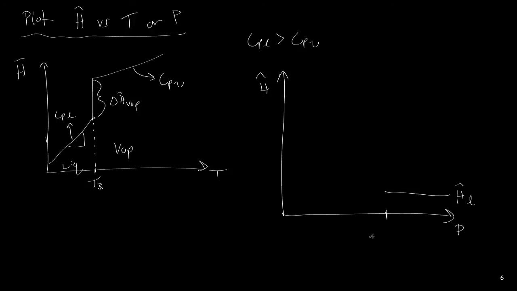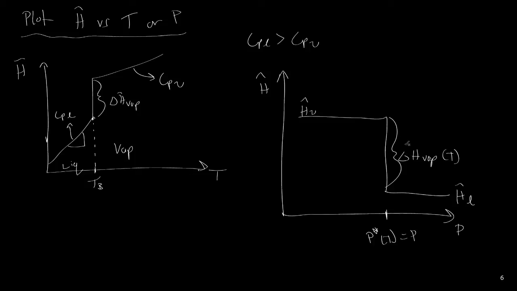Once we reach a condition where P star of T is equal to P, we're going to vaporize. So we'll have a discontinuity in our plot, and we will continue on this way here. We'll have H hat of the vapor, and here is the delta H of vaporization.